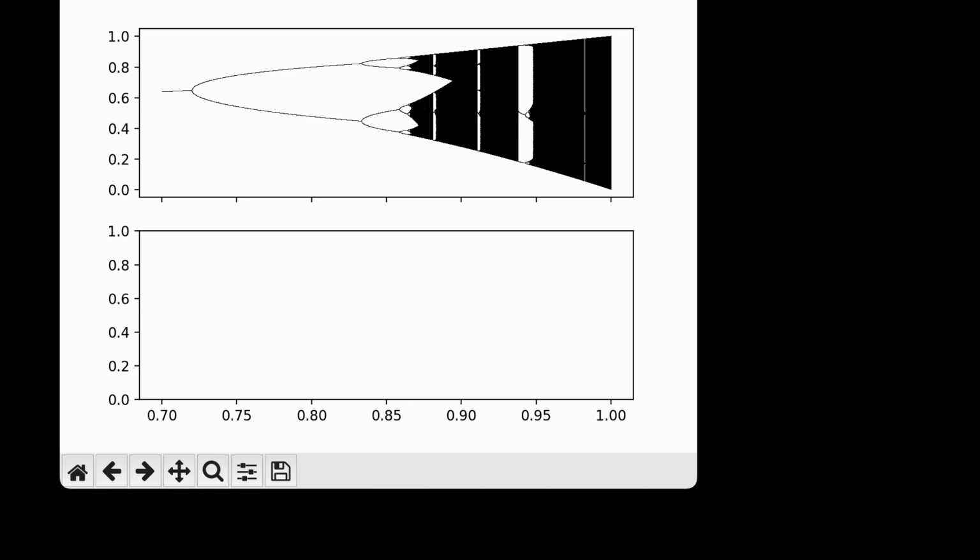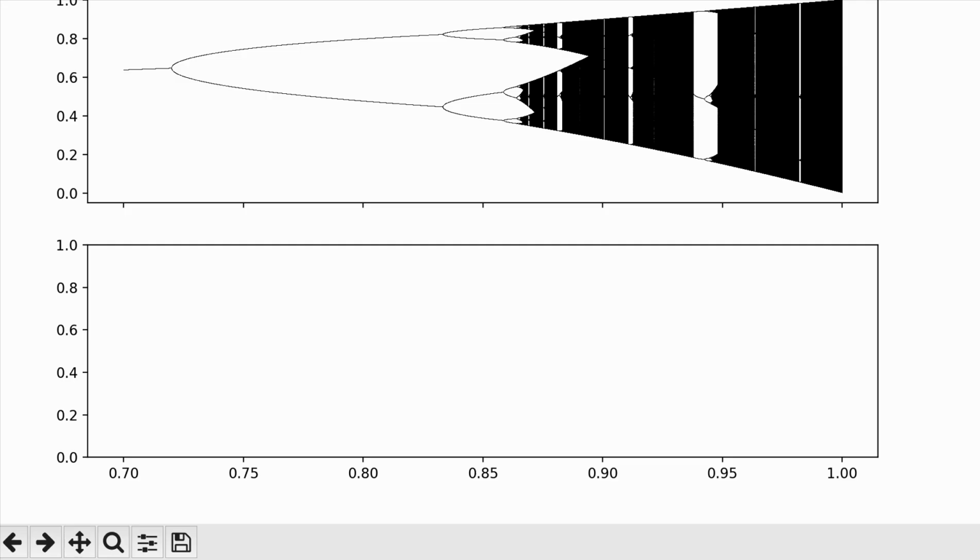Yes, first of all, let us see the orbit diagram. This is the orbit diagram for not the logistic equation but for the sinusoidal curve. If you see this sinusoidal orbit diagram, it looks exactly similar to the logistic equation.